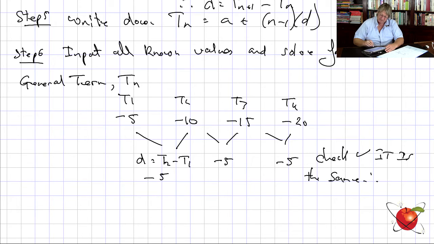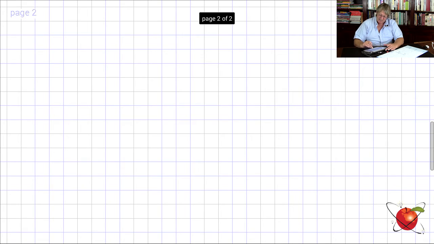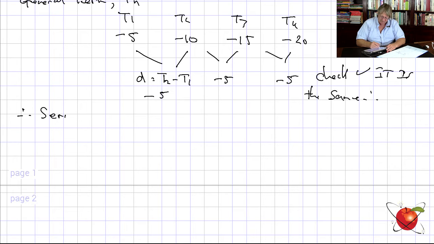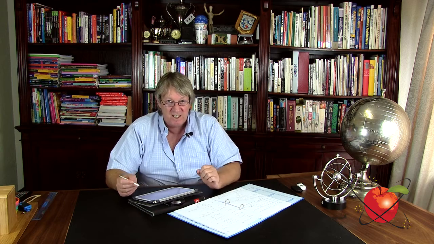Therefore, okay, because it's the same, it means what? It means that the series is actually an arithmetic one. Therefore, the series is arithmetic. Okay? Because that first common difference is the same.